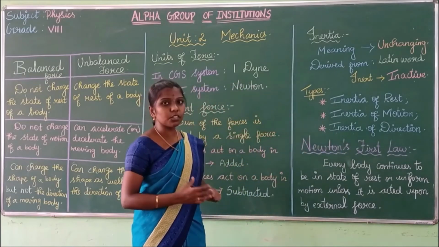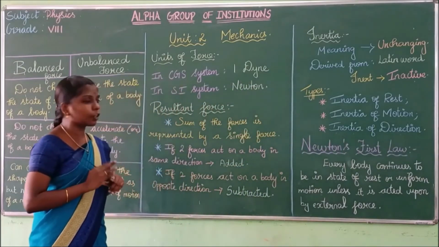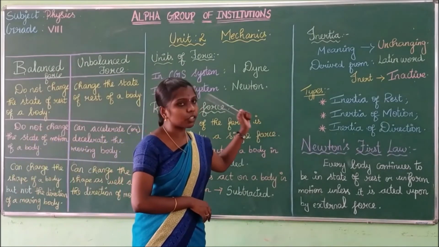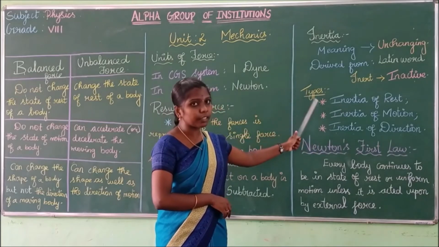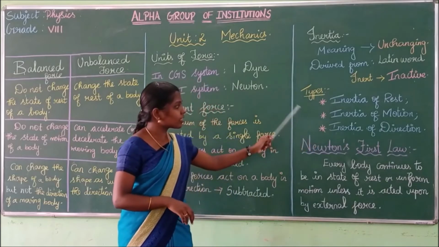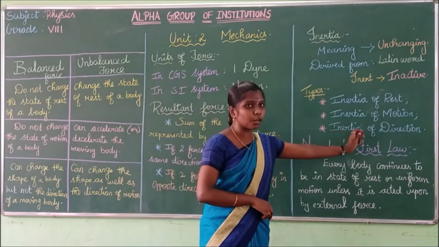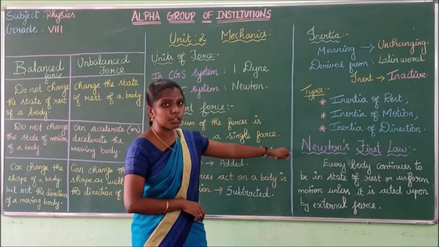What is inertia of rest? The tendency of a body to change its state of rest is called inertia of rest. The tendency of a body to change its state of motion is called inertia of motion. In the same way, the tendency of a body to change its direction is called inertia of direction.